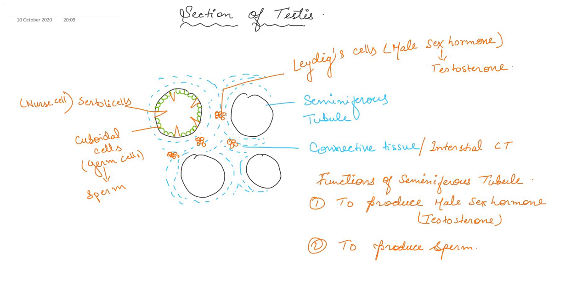These Sertoli cells provide nourishment to the developing sperm, which were produced by the germ cell. And in the interstitial connective tissue, there is a mass of cells known as Leydig cells, which produce the male sex hormone testosterone. So the functions are to produce the male sex hormone testosterone and to produce sperm.